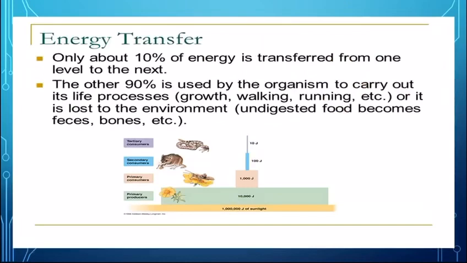Just about 10% of the energy is transferred from one level to the next, while the other 90% is used by the organism to carry out its life processes and lost to the environment.